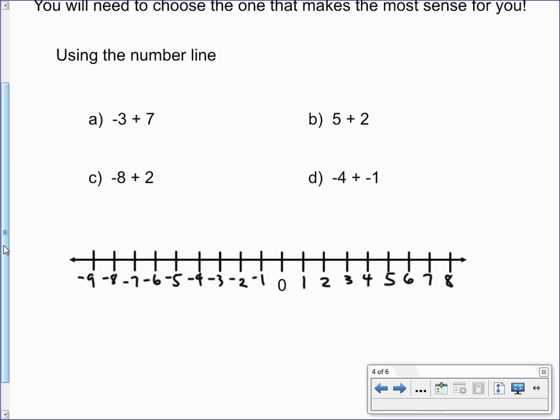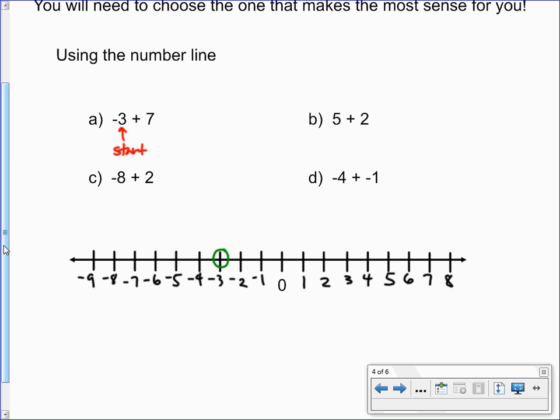So the way the number line method works is I'm going to start at the first number. This tells you where to start. So I'm going to start at negative 3. Okay, that's where I am. When I'm going to add something, generally, when we're talking about real numbers, when you add something to what you already have, the amount you have gets bigger. So we're going to add 7.